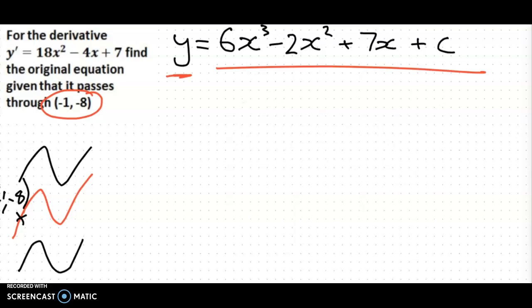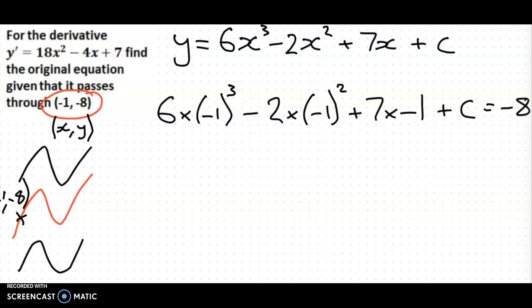Okay, and so then we think about what's going on. We know it passes through -1, that's the x value, -8, that's the y value, the y coordinate. Okay, cool, so all we need to do is substitute in for x, substitute in for y, and we're good. Now, because I'm solving for c, I'm going to put this around the other way. So I'm going to write it all down.